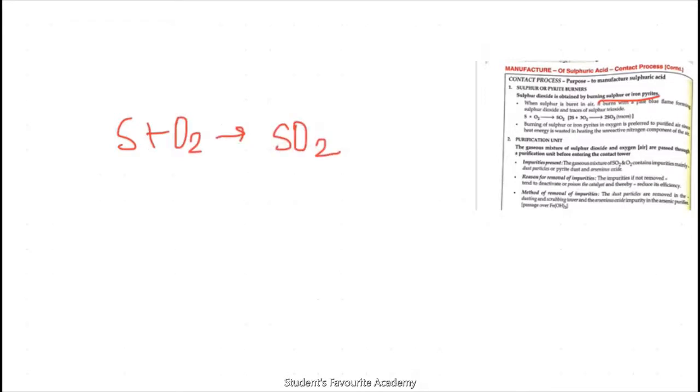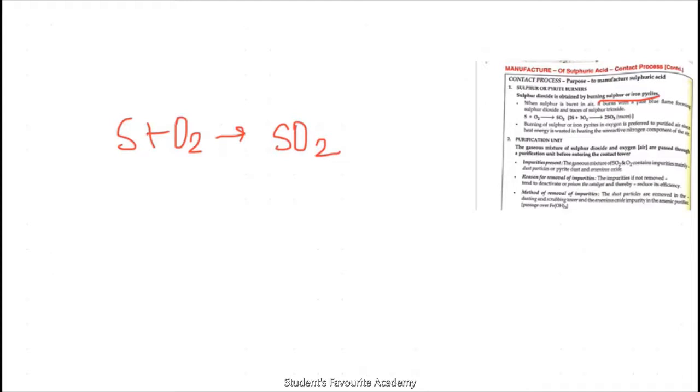Now burning of sulfur or the pyrite in oxygen is preferred to purified air, since heat energy is wasted in heating the unreactive nitrogen compounds in the air. What am I saying, children?